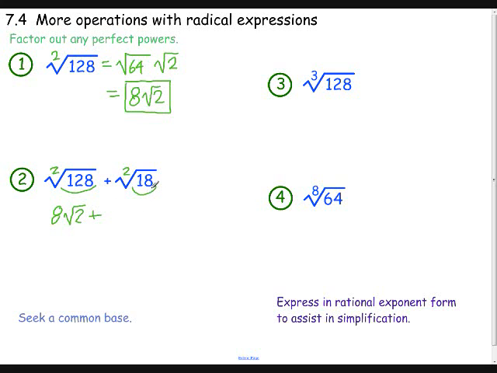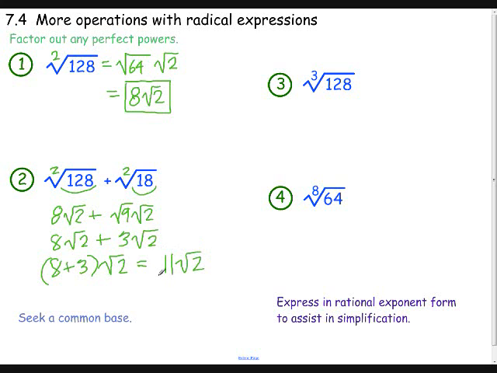I think it is, actually, because we can express the square root of 18 as the square root of 9 times the square root of 2. We get 3 square roots of 2. And now we've got 8 plus 3 square roots of 2, which is 11 square roots of 2. Nice.